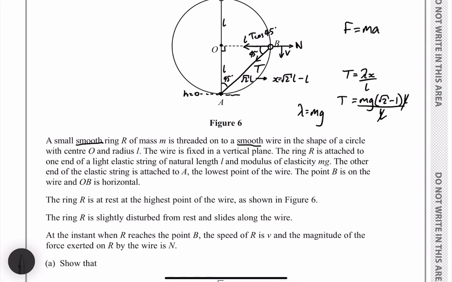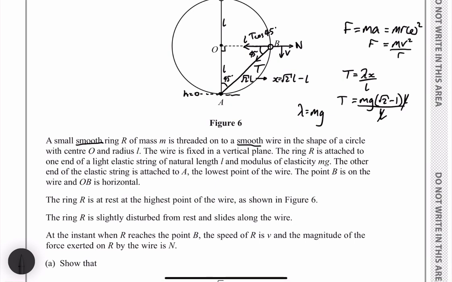is equal to mass times acceleration. Now acceleration, I would normally write r omega squared, but we've been given v, not omega. But you know that there's a connection, so we can substitute and have mv squared over r.